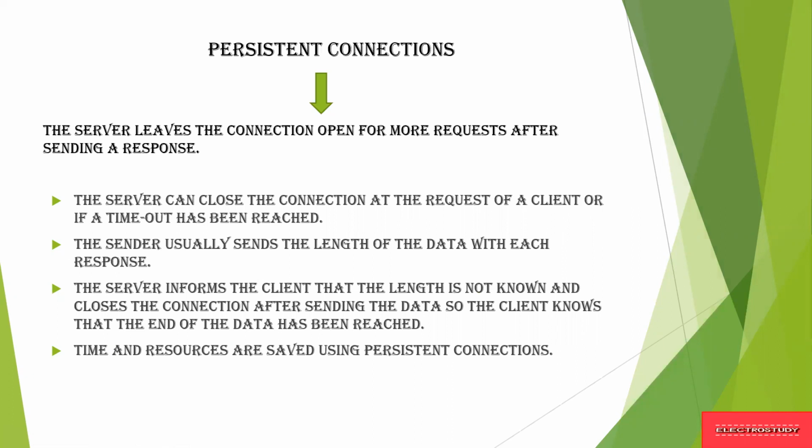And if the length is not known, obviously it closes the connection after sending the data, so the client knows that the end of the data has been reached. Right. So this persistent connection saves the time and resources used during the transfer between the client and the server.